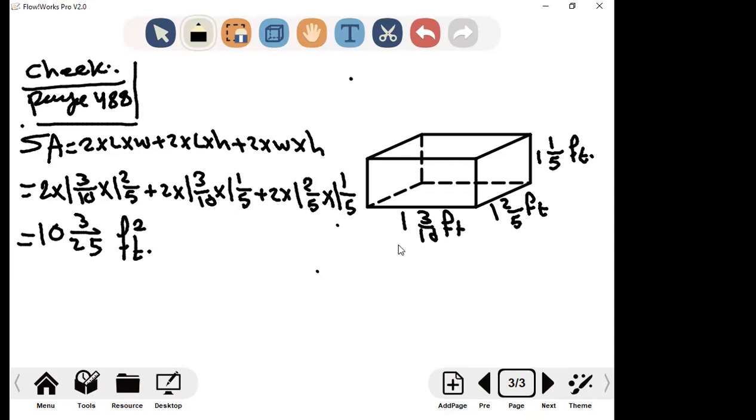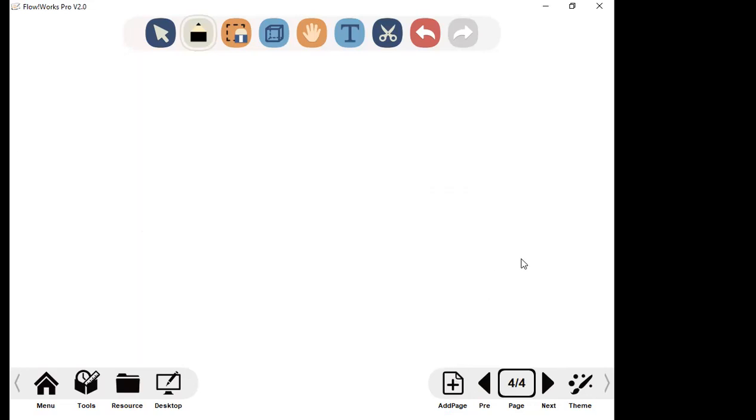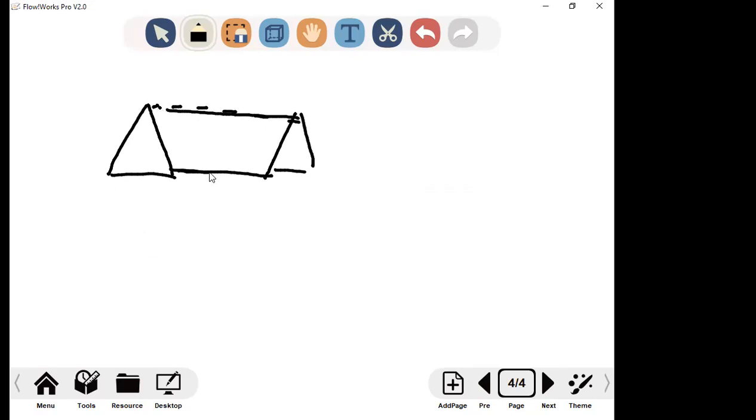Done this check? Right. Now, for the triangular prism, for example, if we have this triangular prism, when I say triangular prism, I'm talking about two triangles, right?